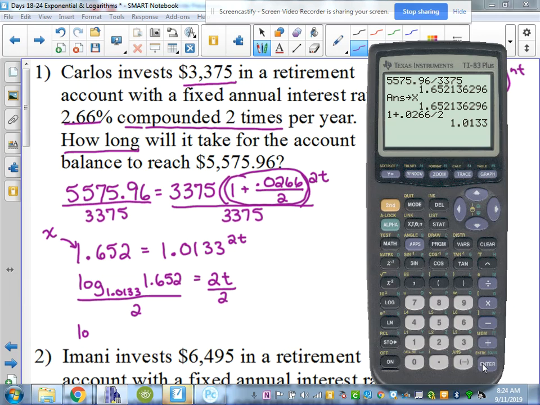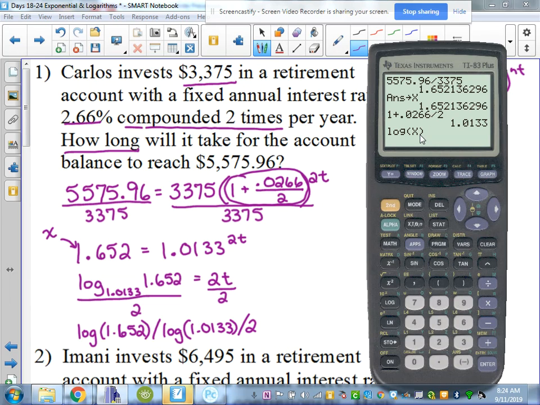So in our calculator, we need to do change of base, log of 1.652, divided by the log of 1.0133, divided by 2. You really don't need extra parentheses here. You could put them if you really, really wanted to, but we really don't need them.